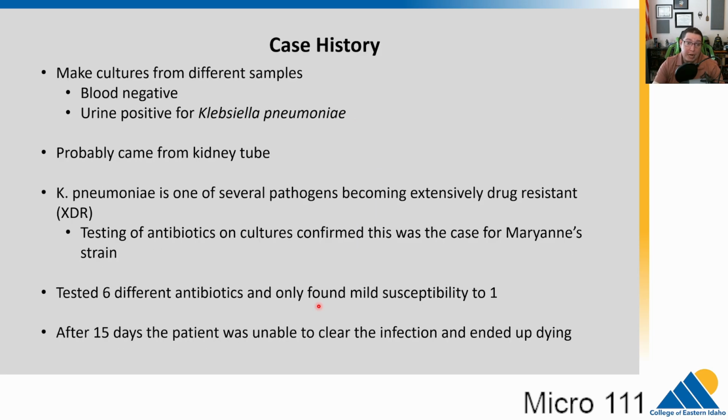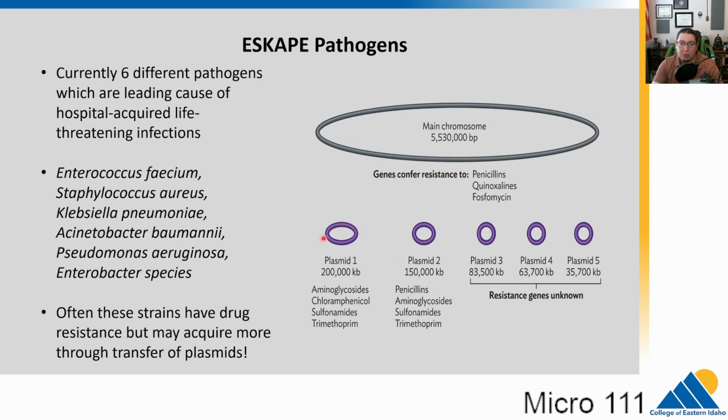So in Marianne's case, unfortunately, she acquired a strain of Klebsiella pneumoniae that had resistance to 5 different antibiotics and was only mildly susceptible to one of the 6 that were tried. So these plasmids get passed between bacteria.